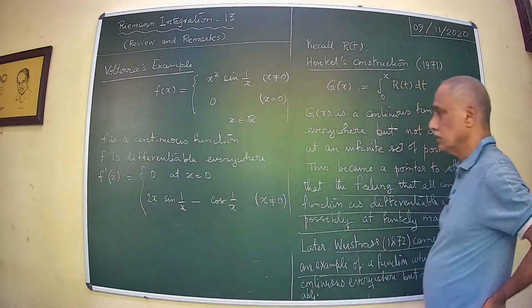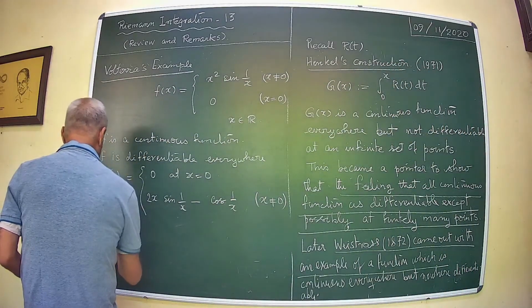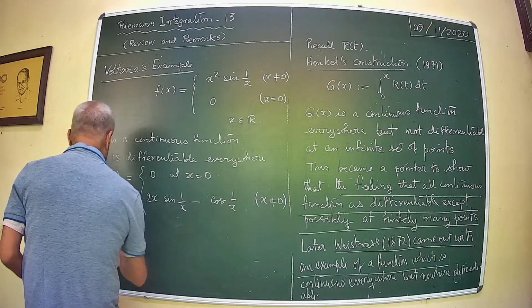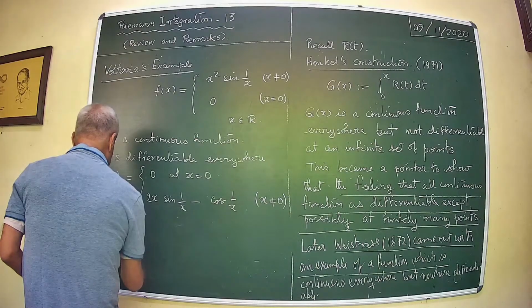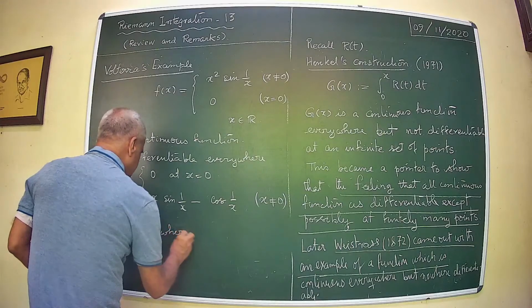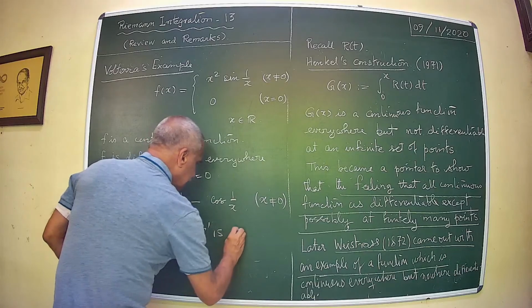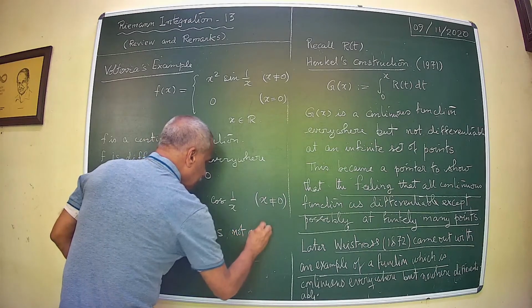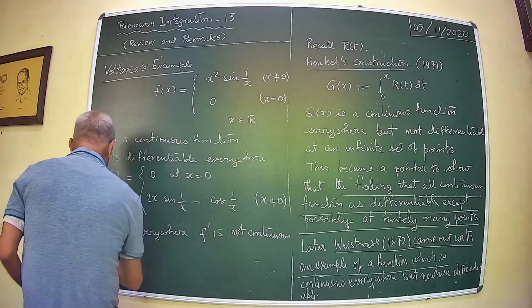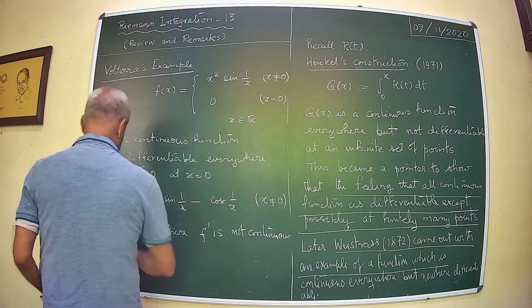So this f dash is not continuous. f dash exists everywhere, but f dash is not continuous at x equal to 0. This is it.